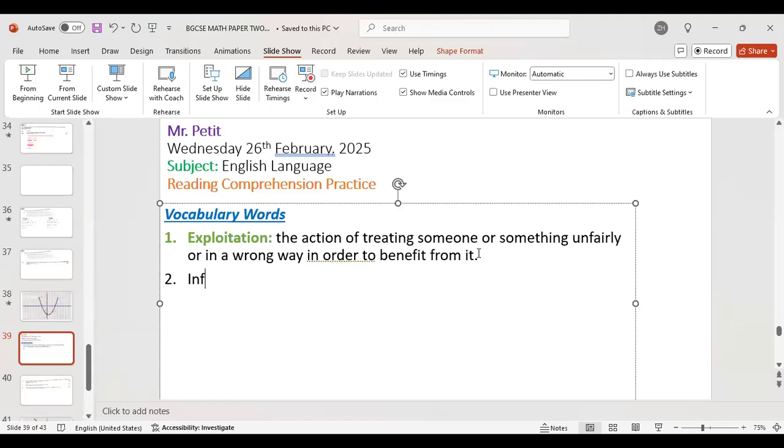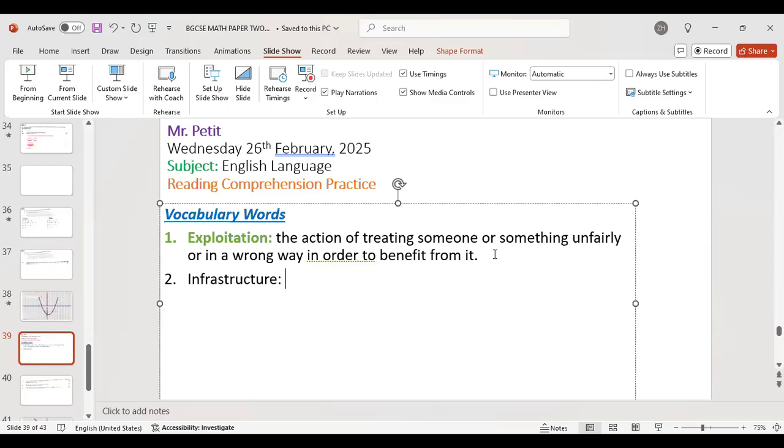Y'all should be able to get this by now. Information? No. Inflation? Infraction? Infrastructure. Very good. Infrastructure. All right.